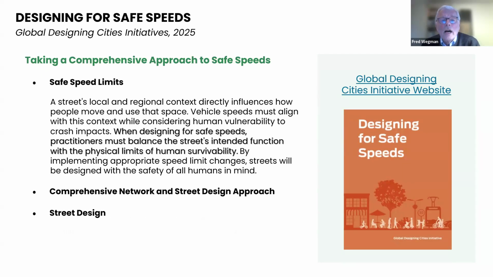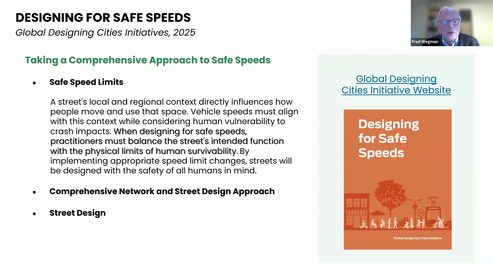Now I come to this new guide, and that's a guide produced by cities, and they have the message to take a comprehensive approach for safe speeds. So don't make it too simple, make it comprehensive. And they identified 3 bullet points: safe speed limits, network and street design approach, and street design itself.